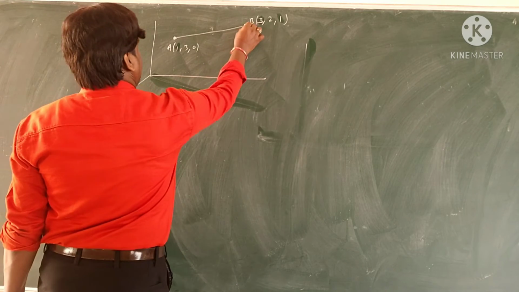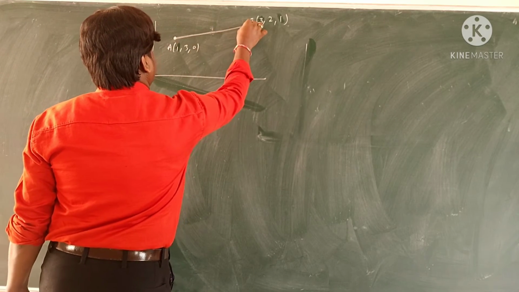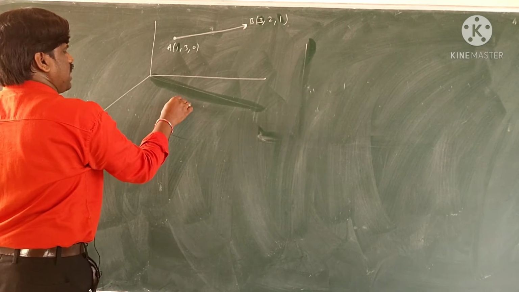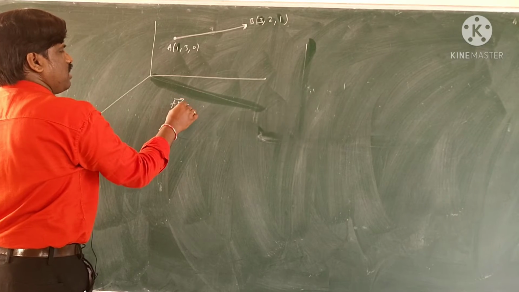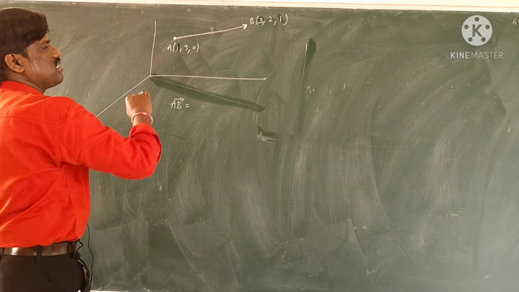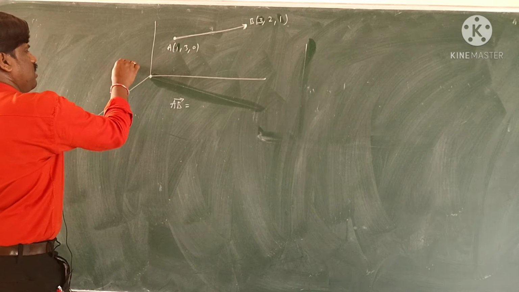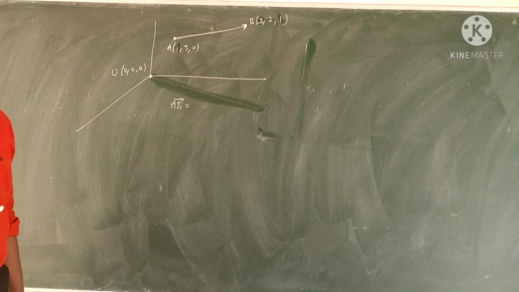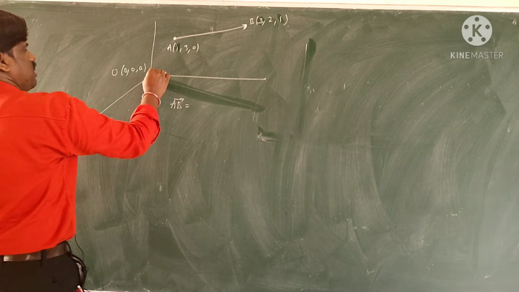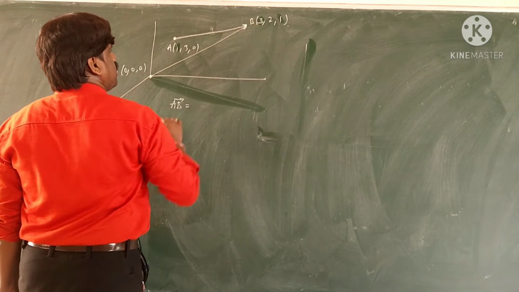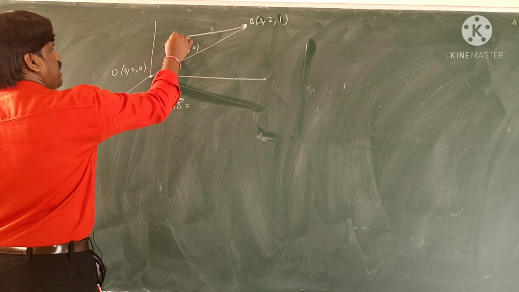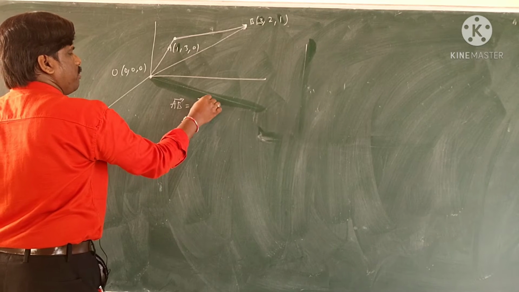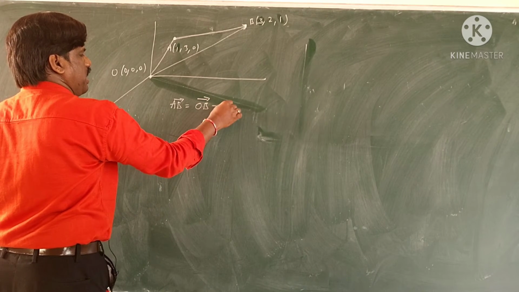If I join this AB, then this will become a vector. So AB vector can be written as what? AB vector is equal to OB minus OA. See, this is the origin O (0, 0, 0). If I want to write the AB vector, I join O and B, and I join O and A. So AB vector will be written as OB minus OA.